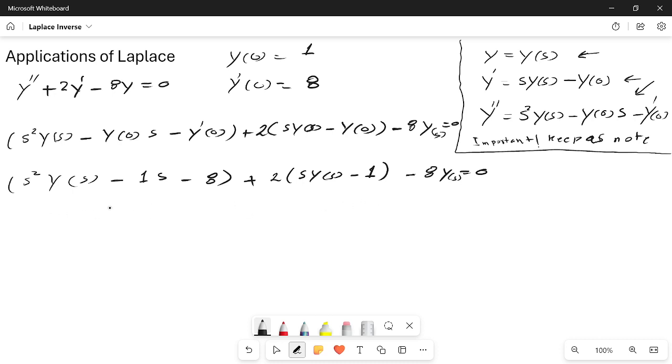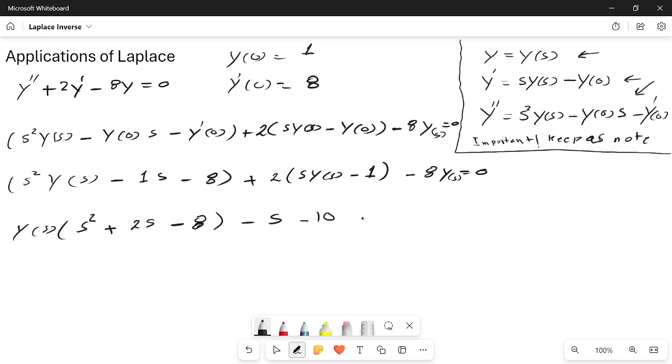So we group the y of s's together, so we have y of s times s squared plus 2s, because we have 2 multiplied by s y of s, so it's 2s, minus the negative 8 here, negative 8, minus s, minus 10.